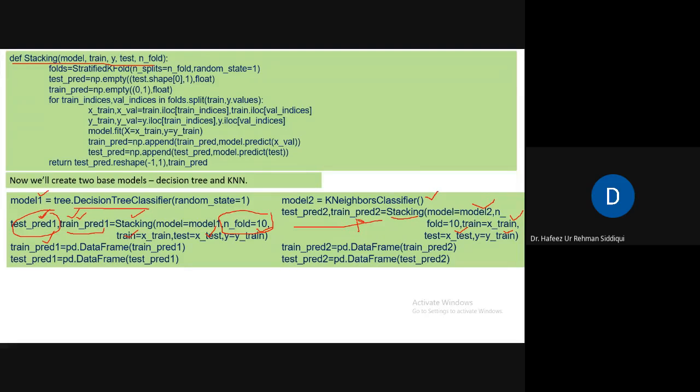These are all predictions based on the training data, and these are all predictions based on the test data set. So you just save those two into a data frame. So in the data frame you have stored train prediction and test prediction, and same here you have stored train prediction 1 and test prediction 1 for the decision tree.